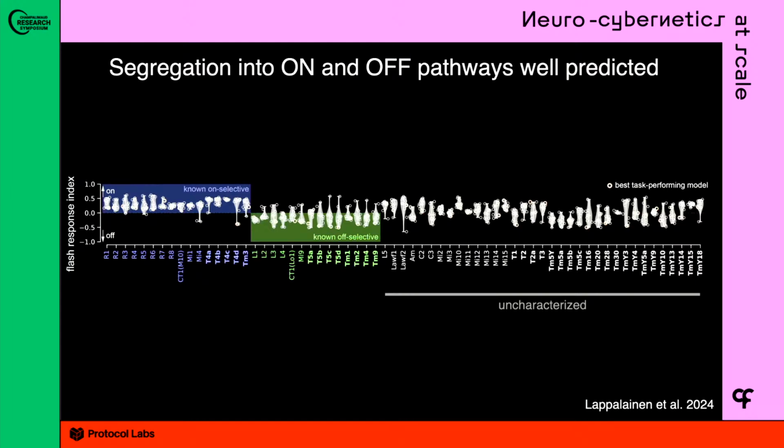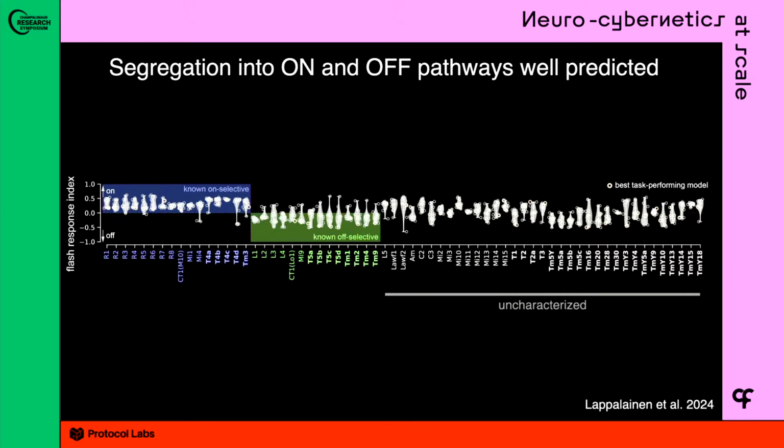And so for the ones that have been characterized in these 26 studies, we asked, which of these are known to be on and which are known to be part of the off pathway, which means that they respond more strongly to decreases of light intensity versus increases of light intensity, and we got them basically right for all of them.